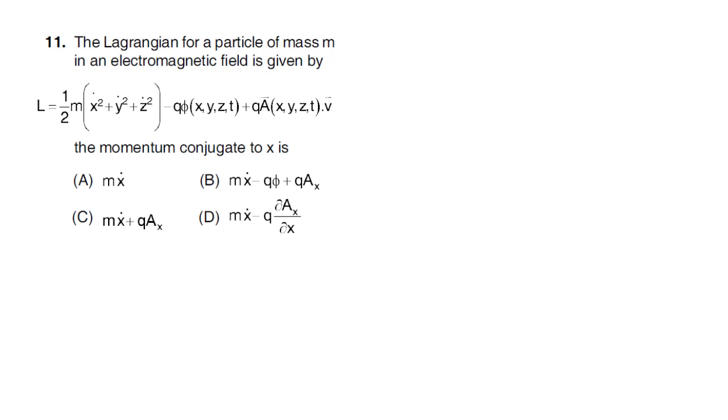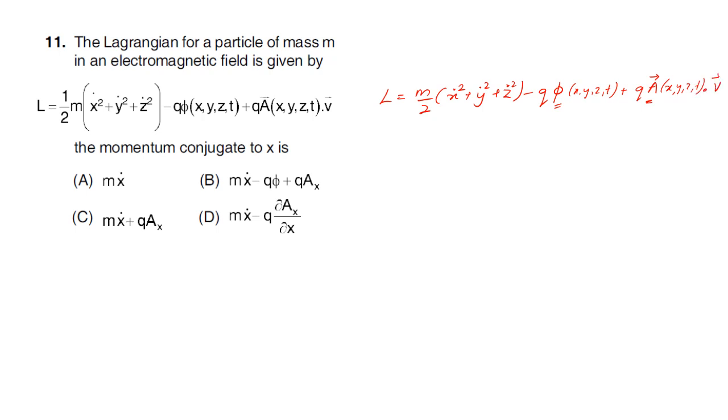So here Lagrangian is given by m by 2 (ẋ square plus ẏ square plus ż square) minus qφ. It is a scalar potential that is dependent on x, y, z and time t, plus q A is a vector potential that is dependent on x, y, z as well as t, dot velocity v.